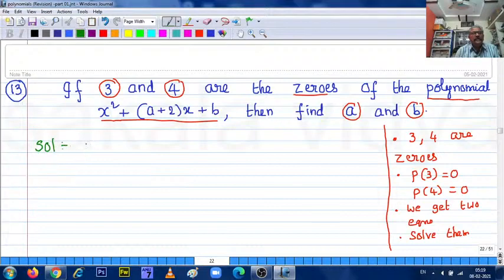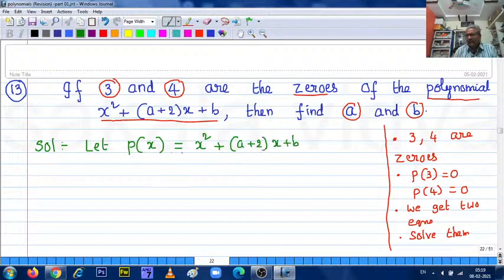So first let p of x equal to x square plus (a plus 2) times x plus b. This is the given polynomial.